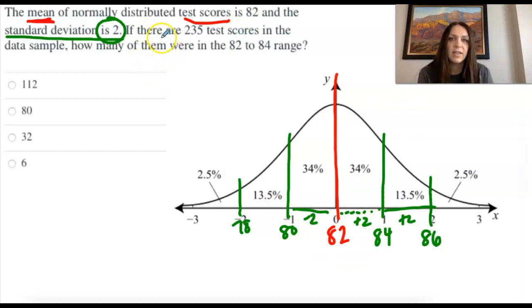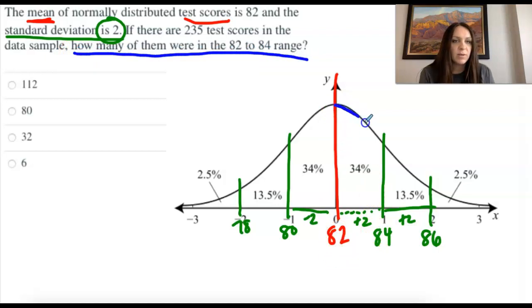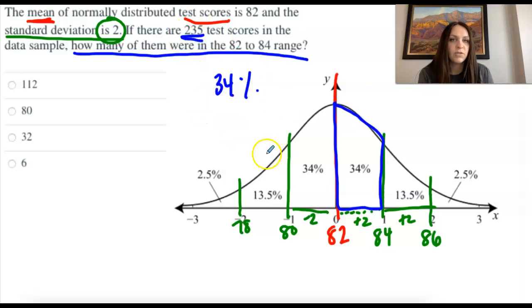Let's see what it's asking. If there are 235 test scores in the data sample, how many of them were in the 82 to 84 range? Well, right here is where we're going from 82 to 84. So 34% are in the 82 to 84 range, but we have 235 test scores, so we want to take 34% of 235.